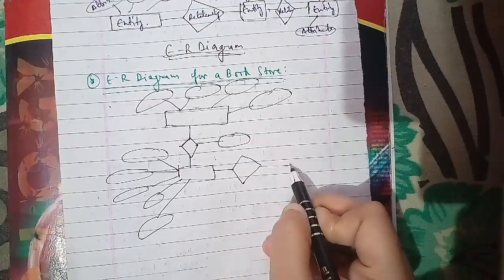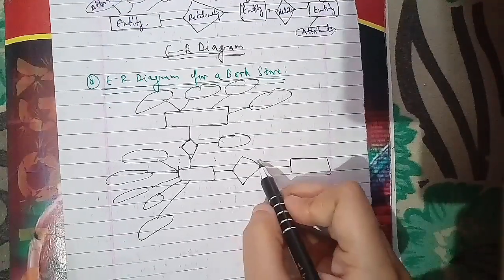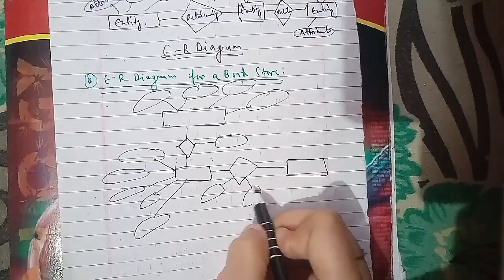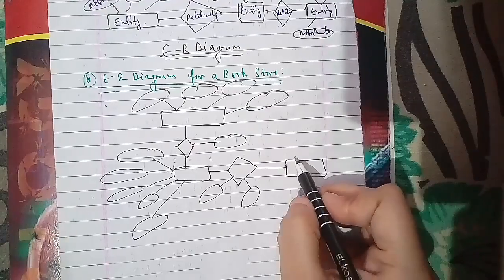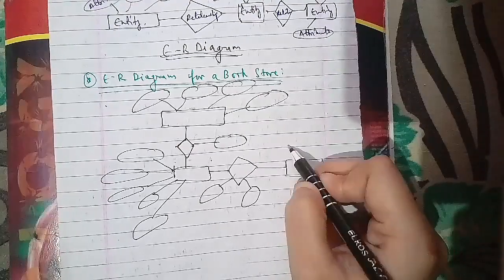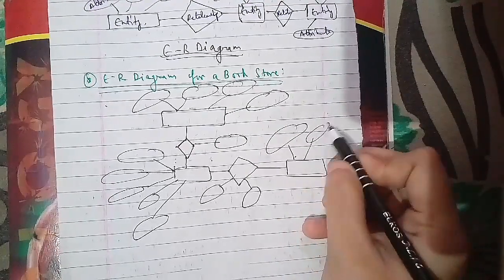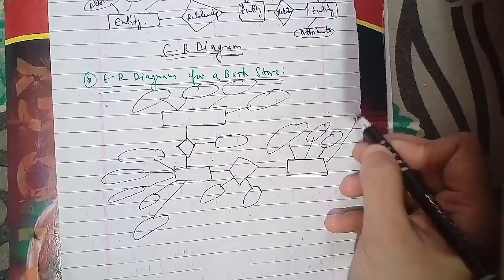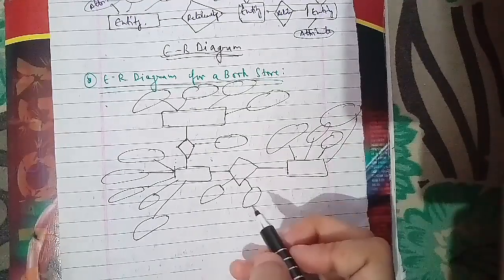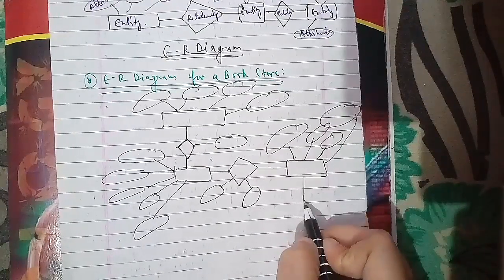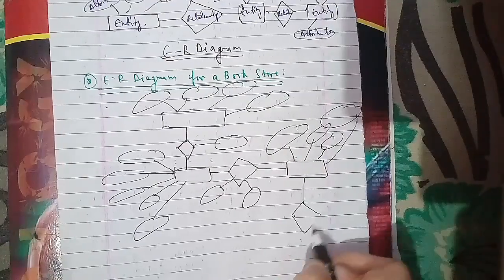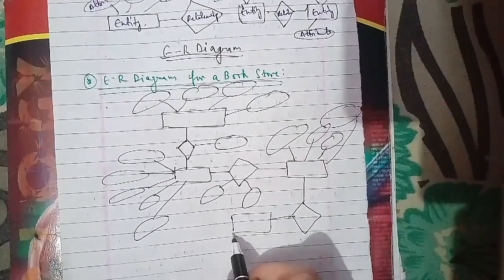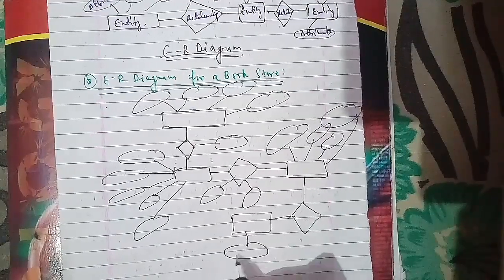In the same case, we have the basket of, that is connected to the shopping cart. Then we have the basket ID as well, which is a primary key. This is connected to contains, which is connected to an attribute, the number here. So this is all we can say.